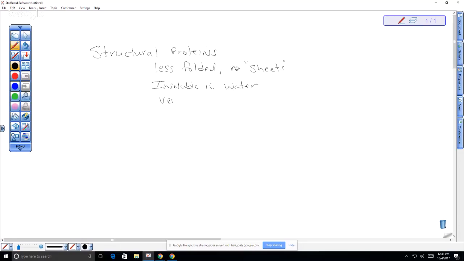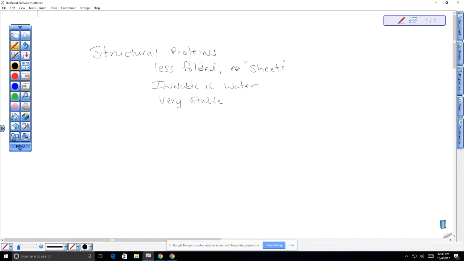And they tend to be very stable, so they do not denature easily. Okay. So our hair and our nails are actually composed of a structural protein. Does anybody know what protein makes up our nails and our hair, and actually the surface of the skin, because it's dead cells, but they're filled with this protein?